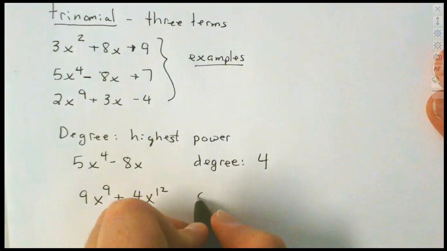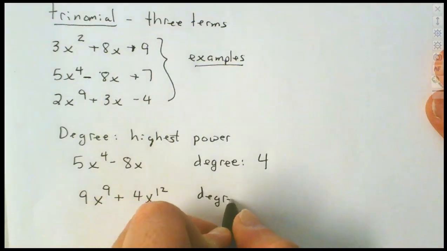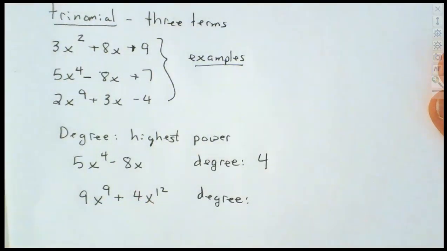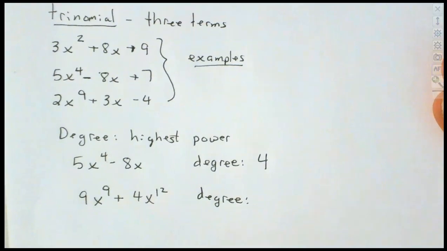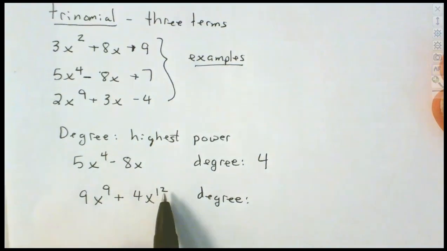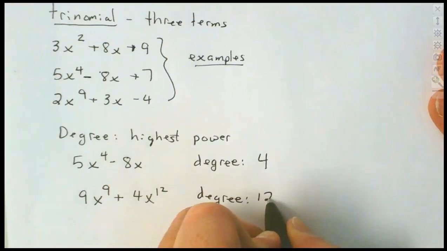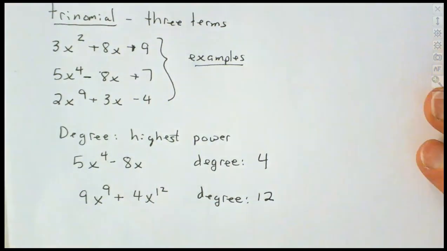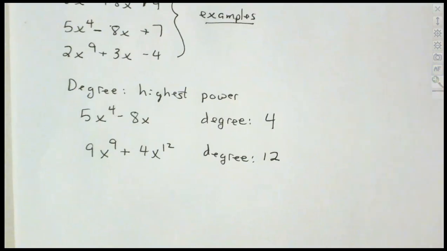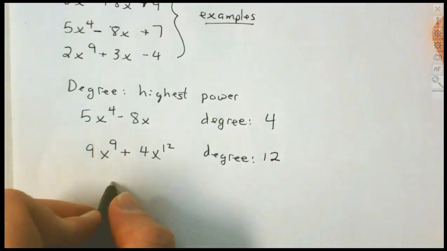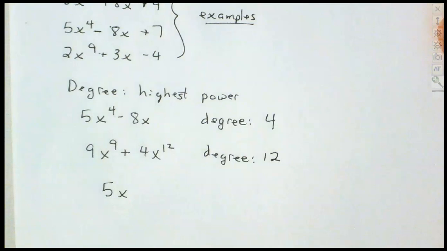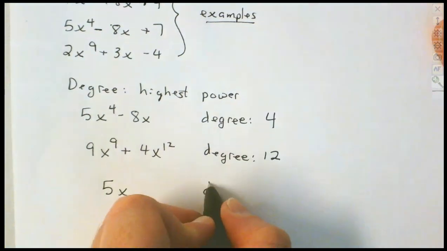What about the second one? And they may not be in the correct order. They may not always be the highest power first. So on the second one here, what is its degree? It's easy. It's a degree 12. 2 more examples. What would this one be?